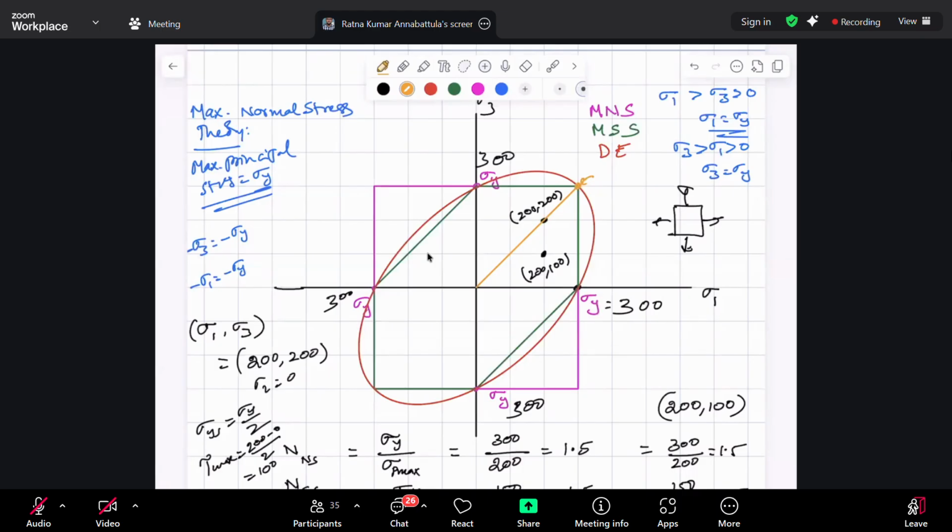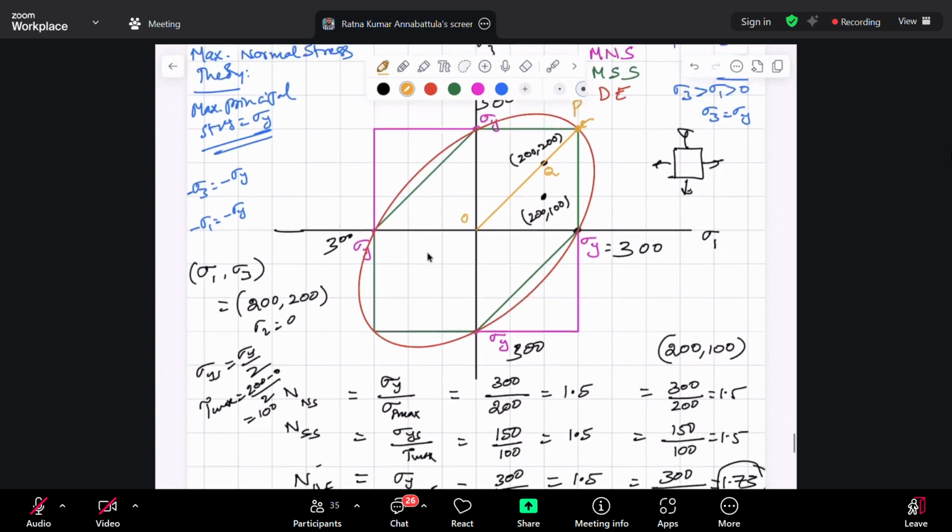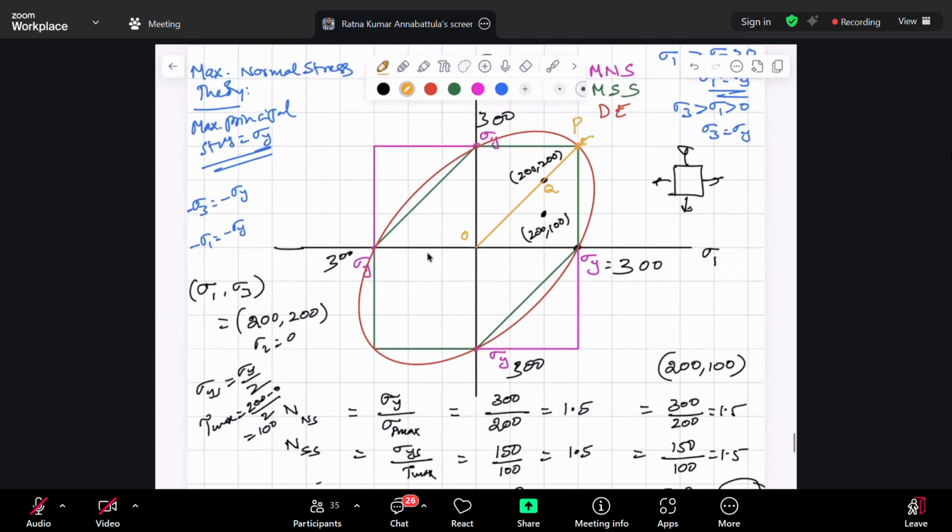So let us say this is O and that is P, that is Q. Then your factor of safety, N, for any specific failure theory is OP by OQ. What basically it is telling you is that in order to get failed, you have to go up to point P, but you're only at Q. The ratio of OP by OQ is your factor of safety.